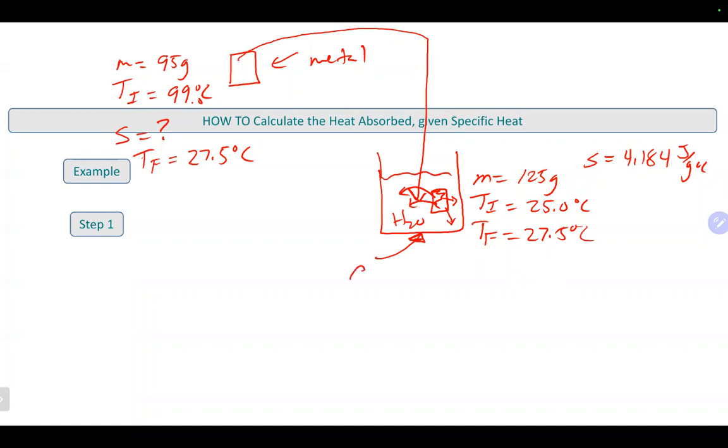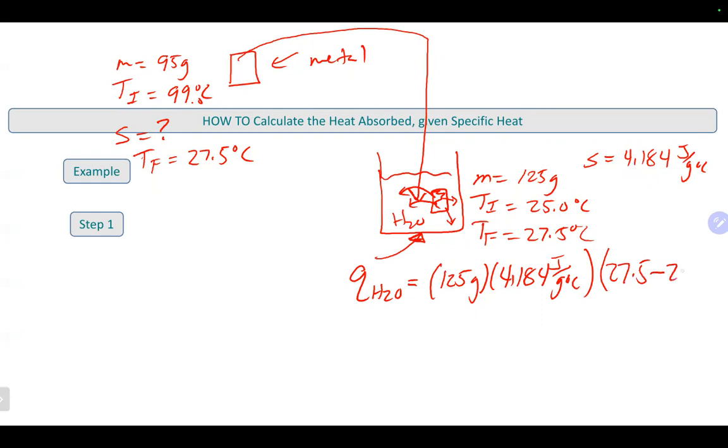We can do the Q of the water here, which would be 125 grams, our specific heat capacity there for water, liquid water, and our final temperature, which is 27.5 minus 25 degrees Celsius.